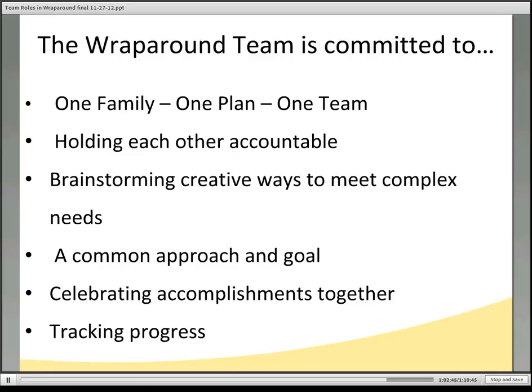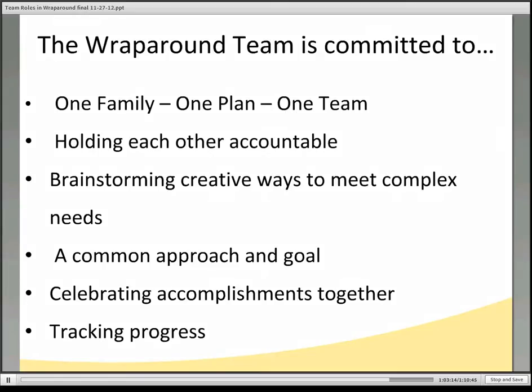How do those ideas come together and get incorporated into one plan, and work within one team to all work together and hold each other accountable for results? Are they tracking? Are things getting better? Are we moving forward? Is everybody taking on the tasks that they were assigned, the roles that they're in?